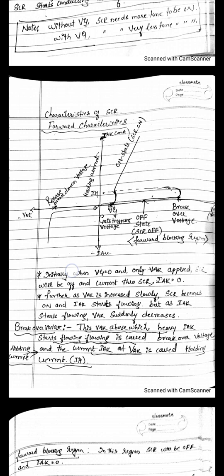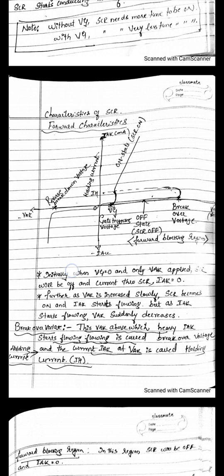And this current, I had shown it as a holding current IH. What is holding current? Holding current is the heavy current flowing through the SCR at the break over voltage. We call this a holding current because this is the minimum current required to hold the SCR in the on state.